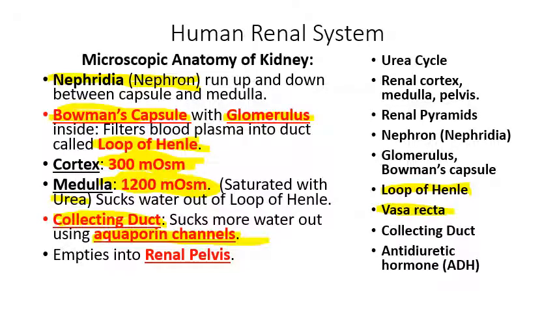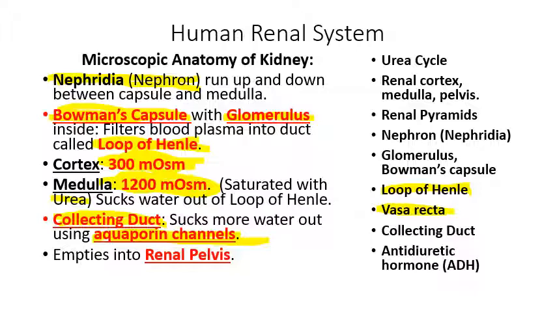Aquaporin channels are basically just cellular channels that are specialized to take in water. So the collecting duct has these little structures called aquaporin channels that take out even more of the water and save and collect even more of the water.